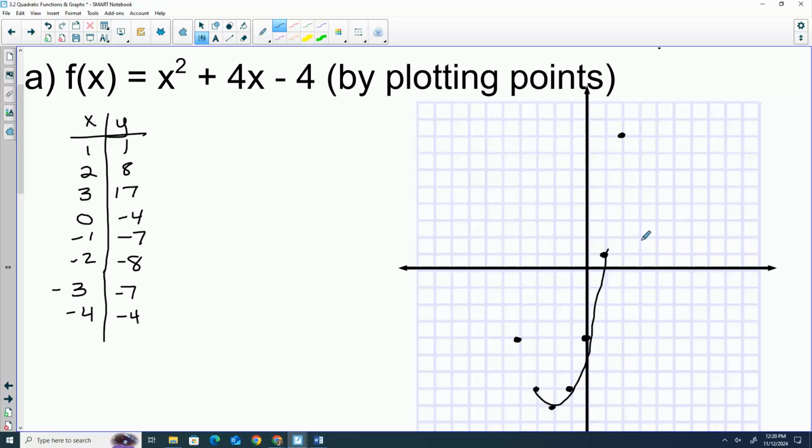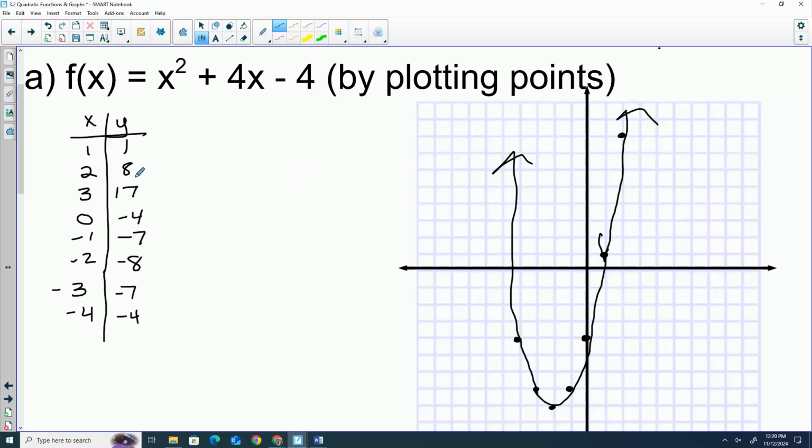Yeah. So the downfall of this is we don't really have just a set number of points that we can plug in. We have to keep plugging in until we find the vertex and get the other half of our parabola. So it's not very efficient. Plus, if my vertex was something like negative 3/4, would we have ever thought to plug in negative 3/4?